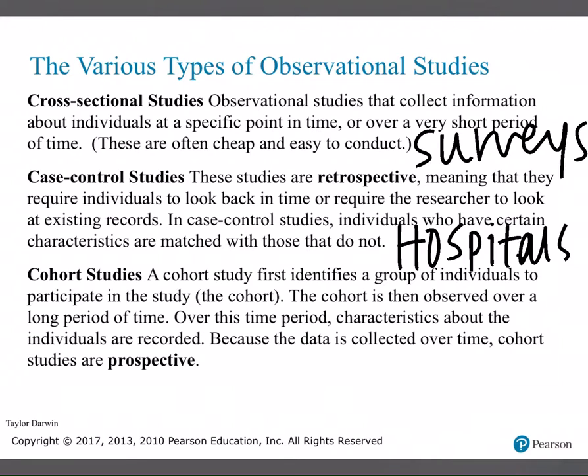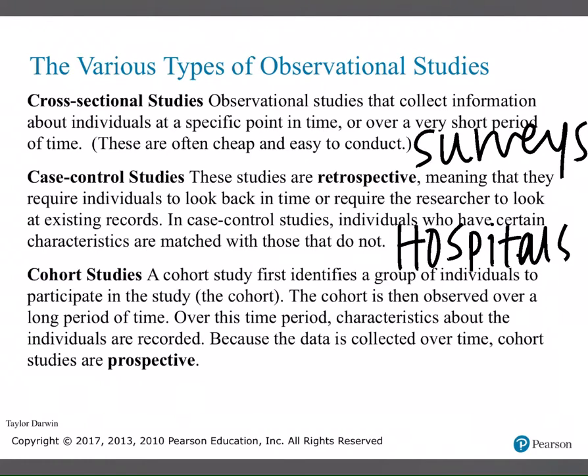A lot of companies do this. Maybe what worked back then versus what's working now, or what didn't work back then, which is working now. And so you just compare things by looking back in time, like it says, retrospective.